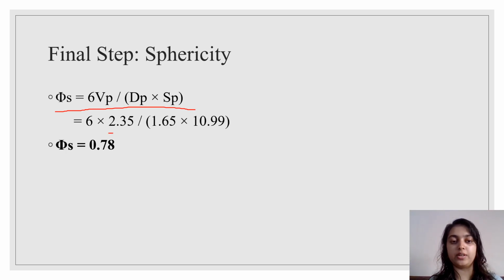Put all three values. 6 is a fixed value. Put all the values and you will get the value of sphericity of a cylinder having 1 mm diameter and 3 mm height. Make sure this value should be less than 1, because a cylinder is what? A non-spherical particle. My value of sphericity for a sphere is equal to 1.